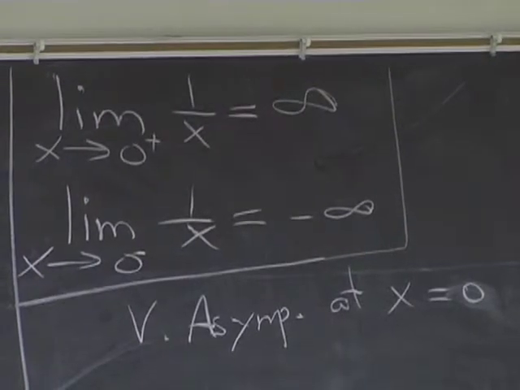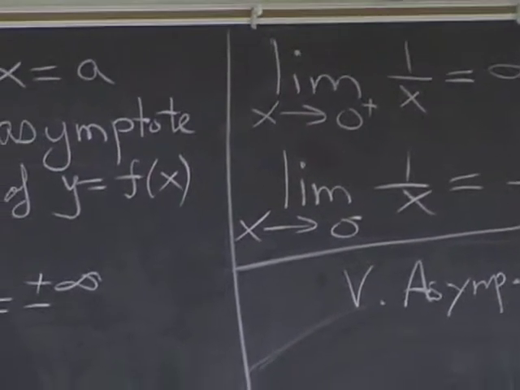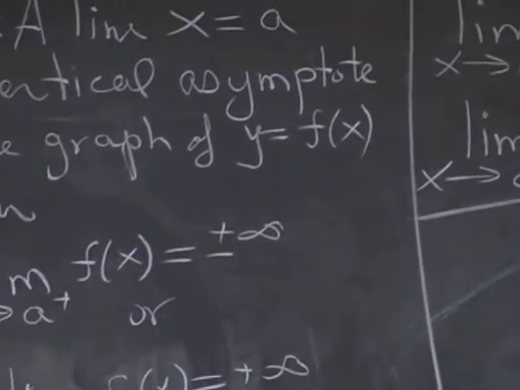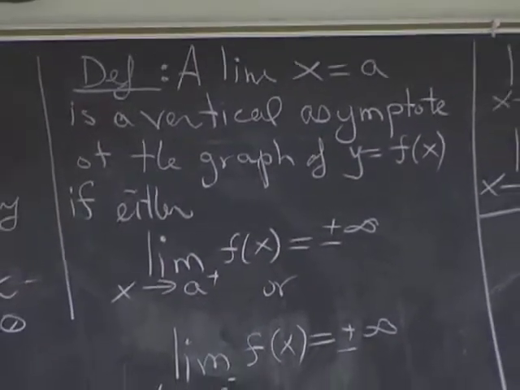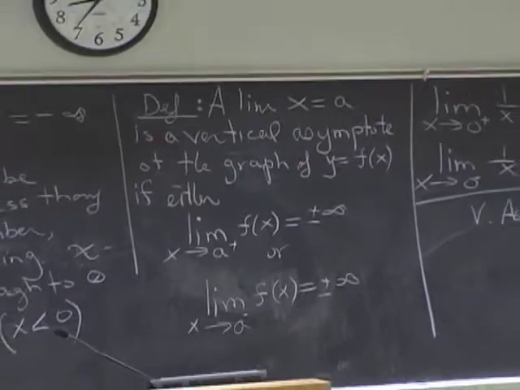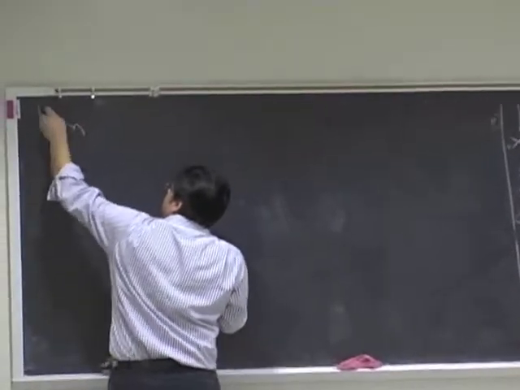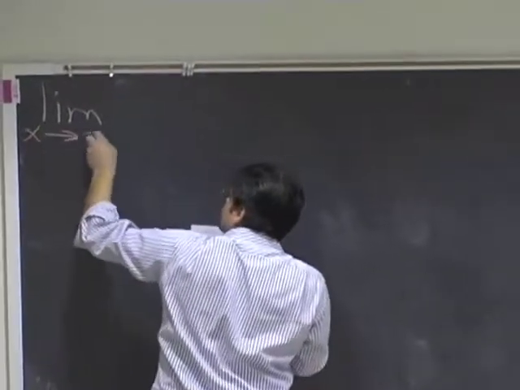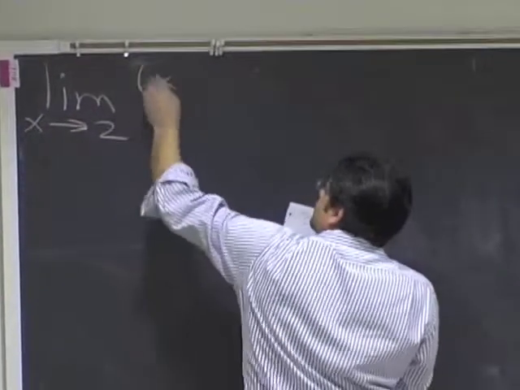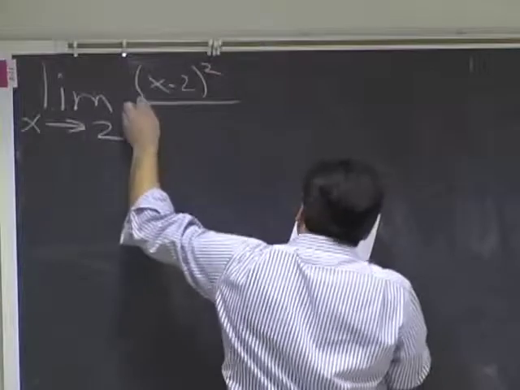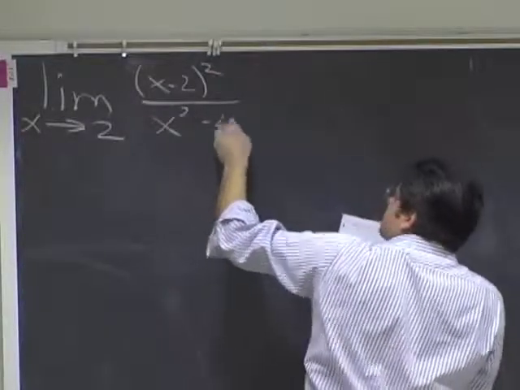Let's see why. Here are some examples. Limit as x approaches 2 of x minus 2 squared over x squared minus 4.